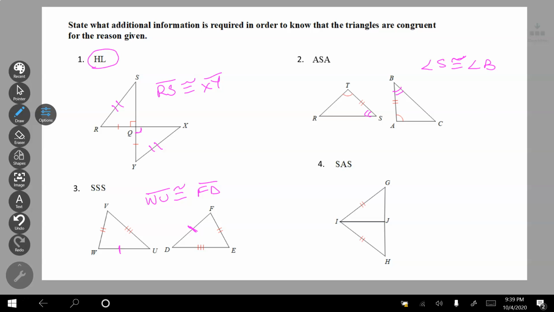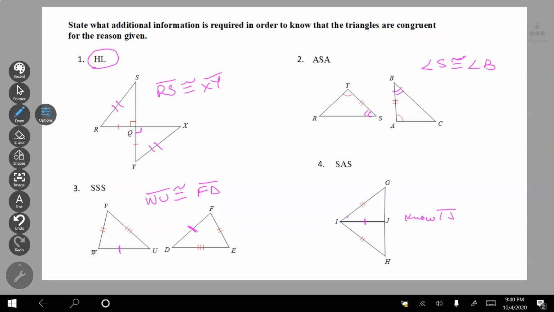And side angle side, well, even though it's not obvious here, we know that IJ is congruent to itself, so I need the angle in between. So here's a side here, here's another side. I need this angle in between.